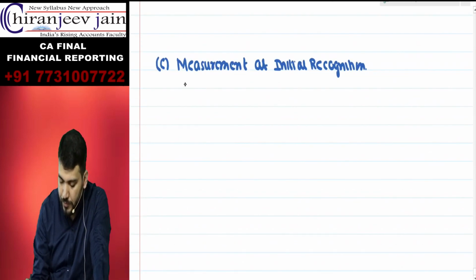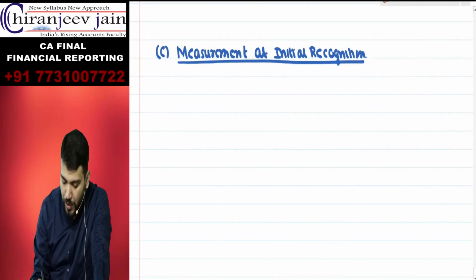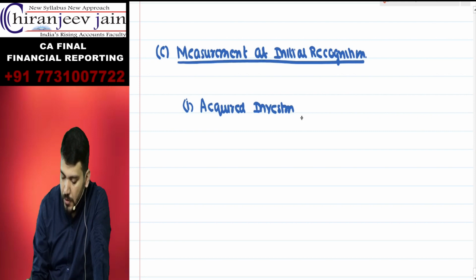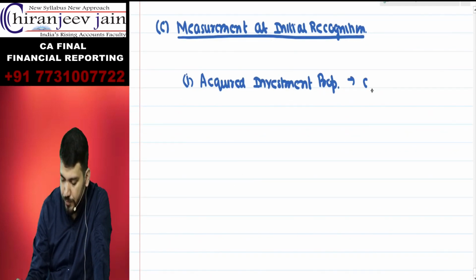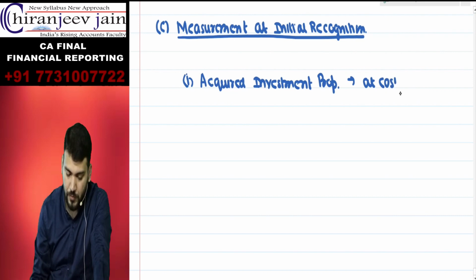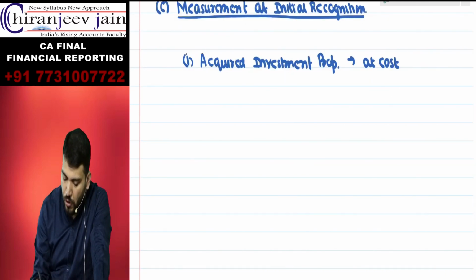Point number 1: acquired investment property. We will measure it at cost. Cost will include point number A, purchase price.